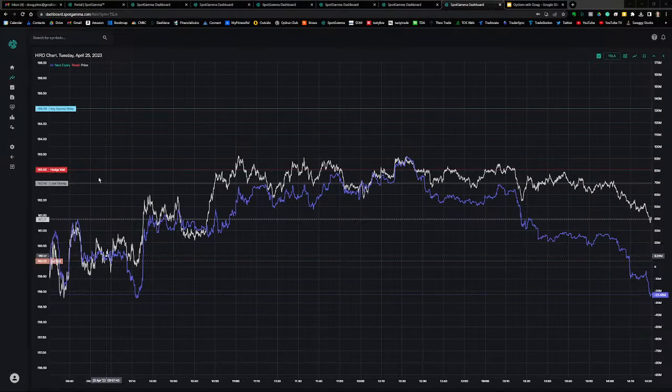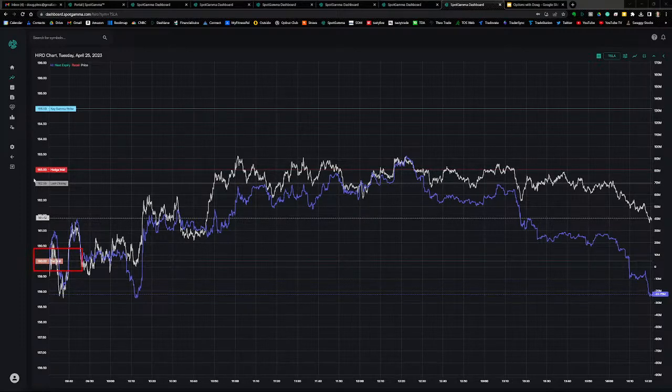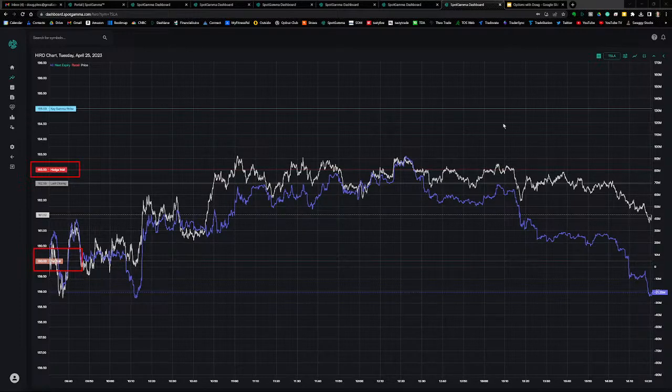And note the hedge wall at 163, I'm sorry, here's the put wall at 160, and that did act as support this morning. It took a while. And then here's the hedge wall, and that has acted as resistance. So not a lot of range for Tesla. Three points, that's not much for Tesla.